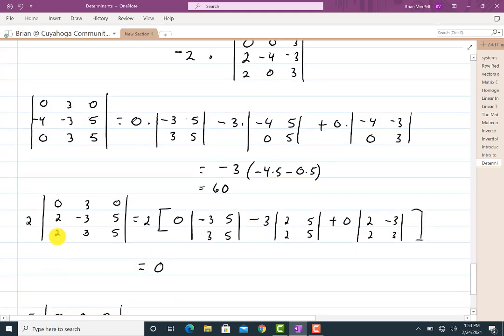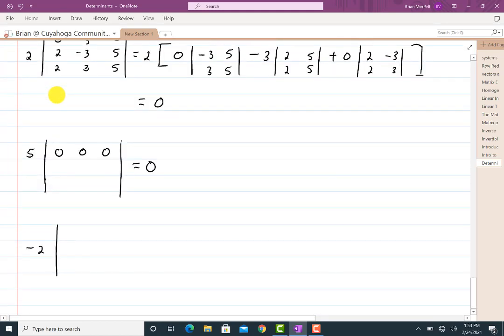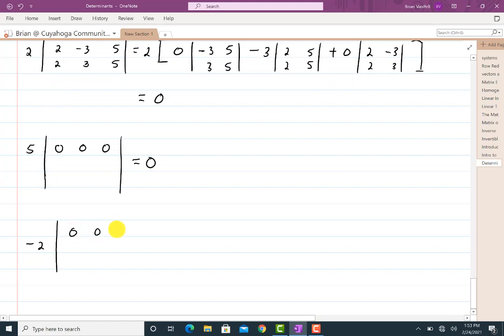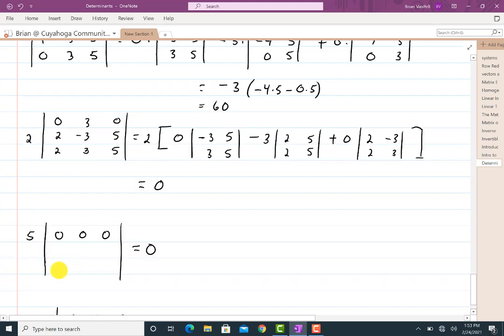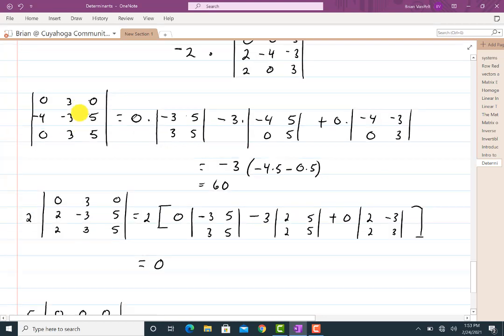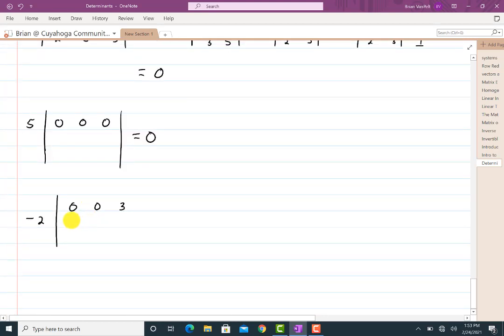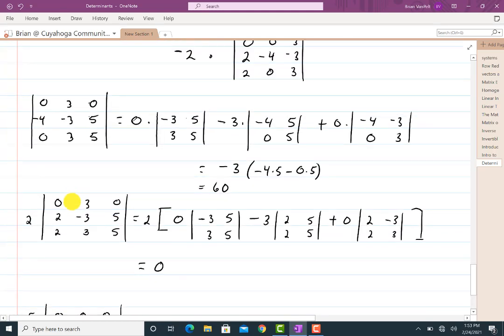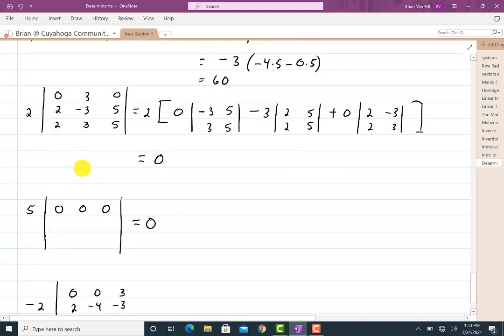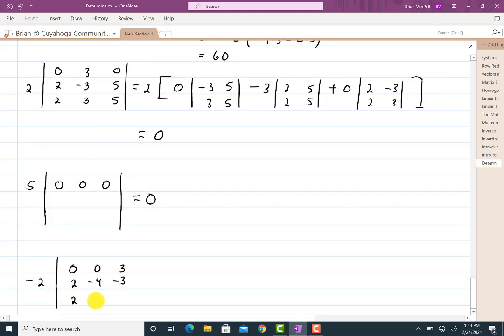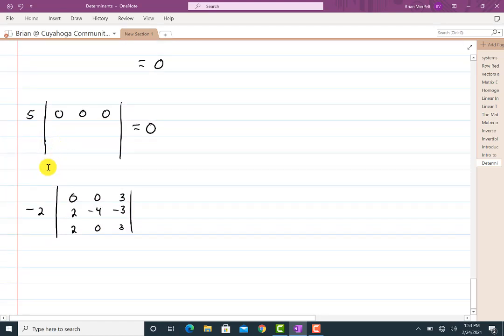And now we'll move on to the last one. What do we have for that? 0, 0, 3. 2, -4, -3. And 2, 0, 3. Once again, as I start and run my options here, I have a 0 for the first piece and a 0 for the second piece.